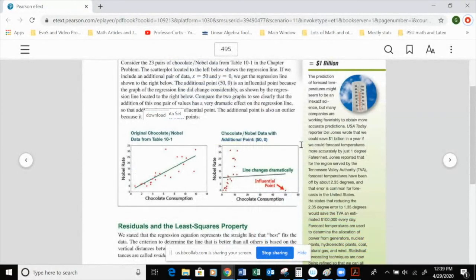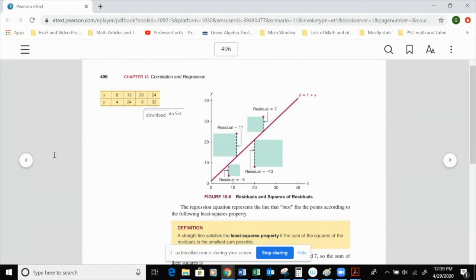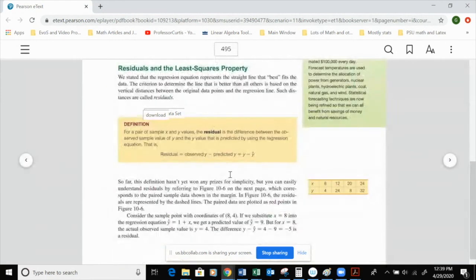So with the caveat that you probably should copy this into your notes, let me show you this next little section. We have a new formula for something else. There's a new vocabulary word. It's a very, very easy thing to calculate. It's right here. This is called a residual. You have a bunch of XY values, and you take one of the XY values. It has an observed Y. What's the observed Y?